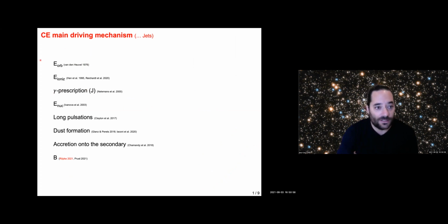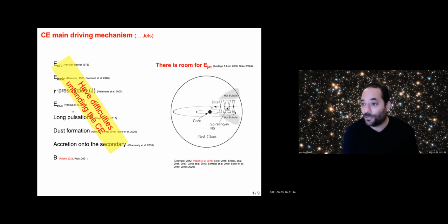Apart from all these driving mechanisms that have been discussed in the past, the famous alpha mechanism that we like less and less, up to this beautiful study that Fritz showed us yesterday, all of these tend to have difficulties ending the common envelope phase, and thus there is room for jets as an extra energy source, or even as the main driving energy source. And this figure, Aldana showed it just a few minutes ago.